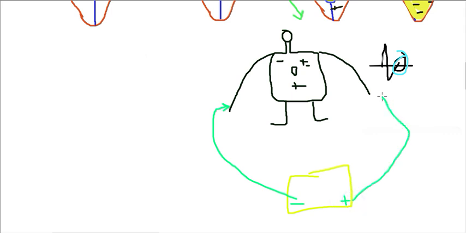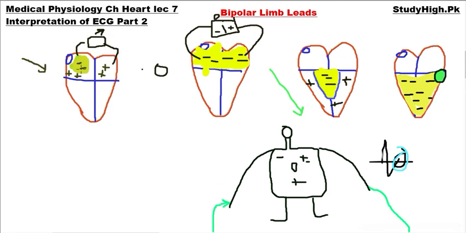left arm. As you know that the heart starts depolarizing from the right side, as the SA node is present on the right atrium, and the region that is present around the heart is first depolarized and produces a negative potential that is also transferred to the fluid or the region around this heart.